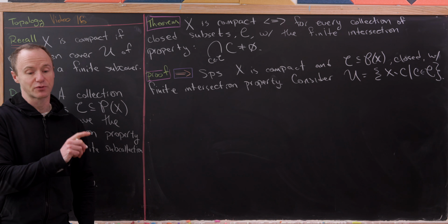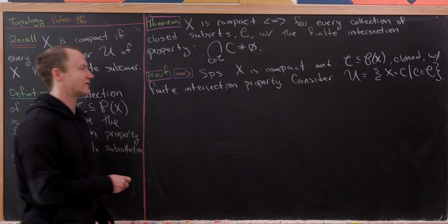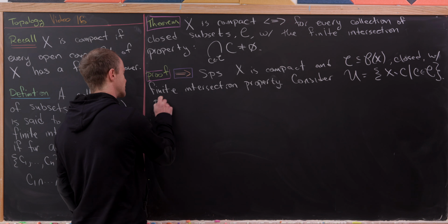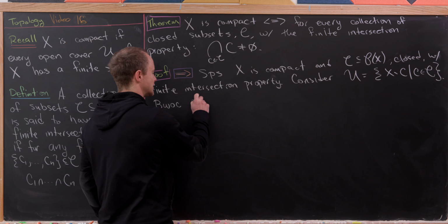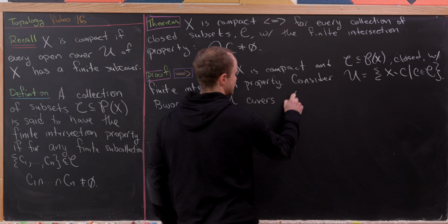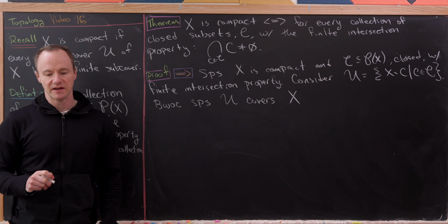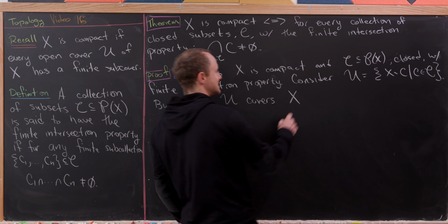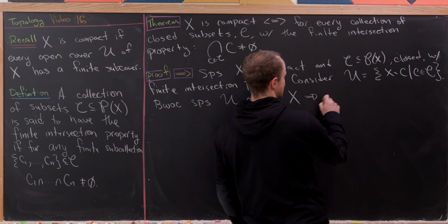Okay, so let's get to proving that U cannot cover X, and we'll do this by way of contradiction. Suppose that U covers X. But if U covers X, then it admits a finite subcover.